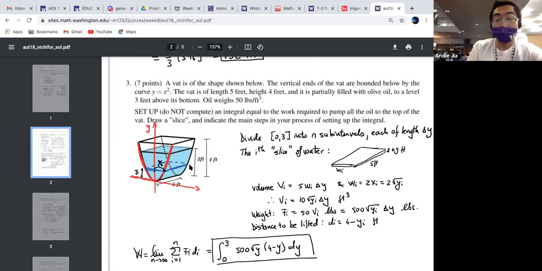The height can be y, so the distance can be 4 minus y. So this is the height of the oil being pumped out, and then you just have the integral. It's just 500 times the function here, 4 minus y, which is the height.